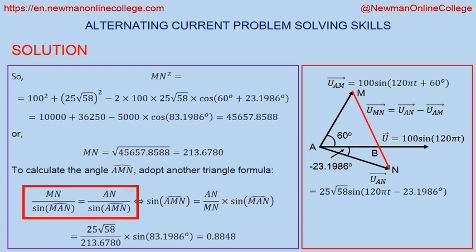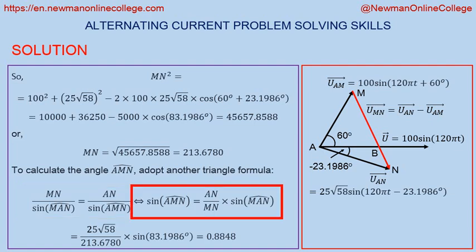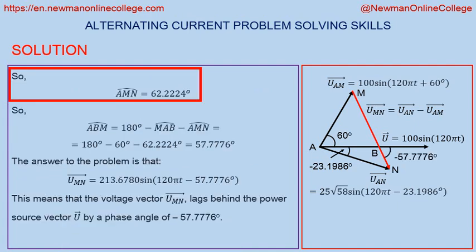Mn over sine of the angle MAN equals an over sine of AMN, which is equivalent to sine of the angle AMN equals an over mn times sine of the angle MAN equals 25 times square root of 58 over 213.6780 times sine of 83.1986 degree equals 0.8848. So, the angle AMN equals 62.2224 degree.